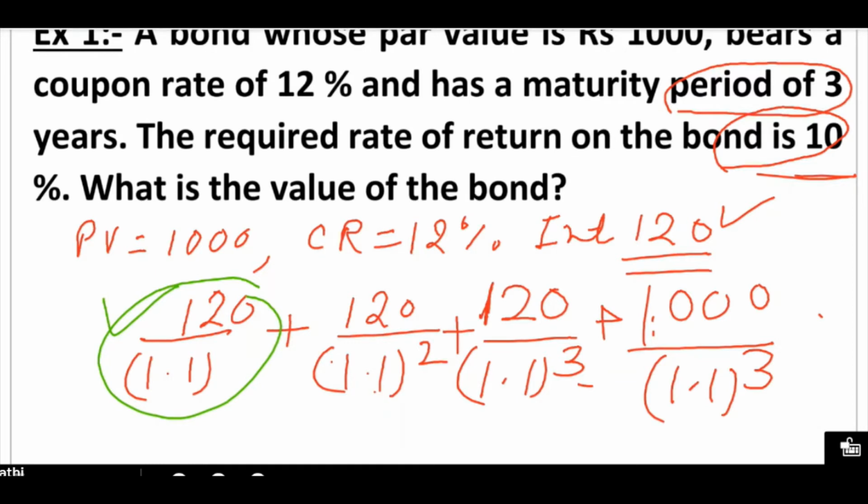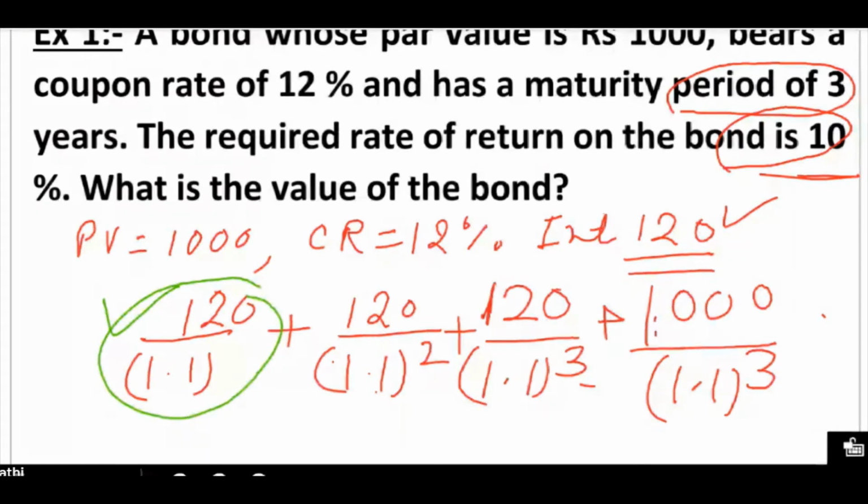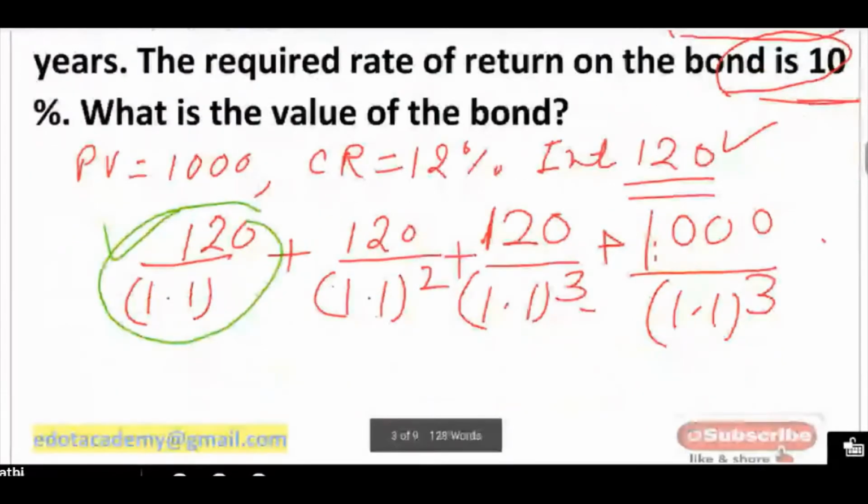Again in the third year I got our amount back, so 1000 divided by 1.1 to power 3. I'll just calculate the values of 1.1, 1.1 square, and 1.1 cube, and put the values in. You can also use a calculator. I'm also using a calculator.